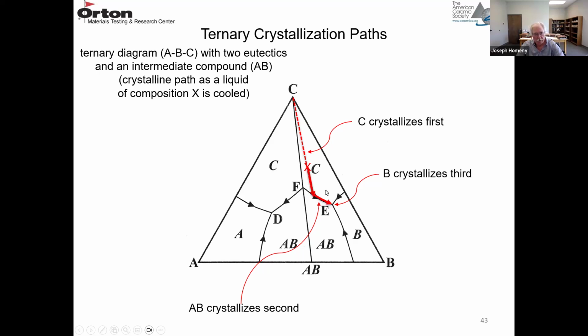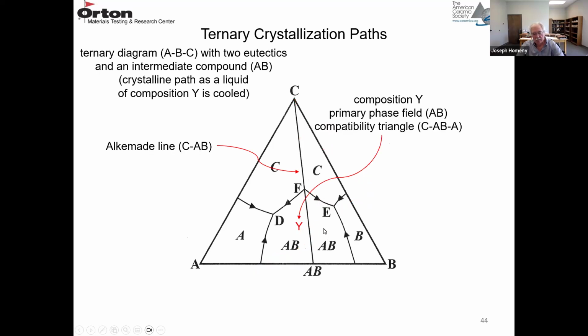So C is crystallizing, and then AB starts to crystallize as we go down towards the eutectic. And then finally, we hit the eutectic, and B crystallizes third. So we start out in this compatibility triangle, AB, B, and C. So we have to end up with those three phases.